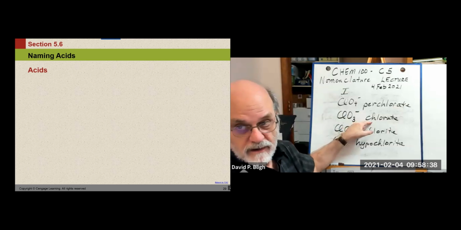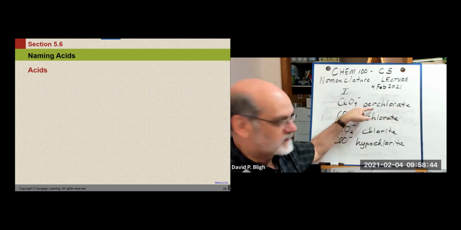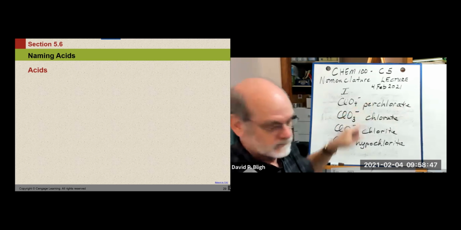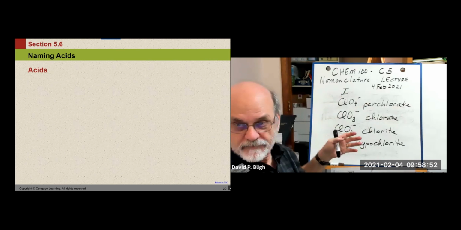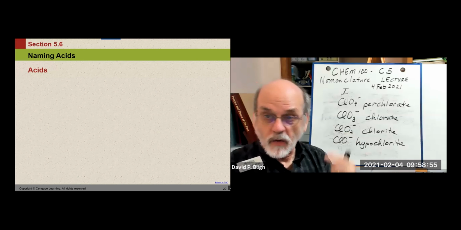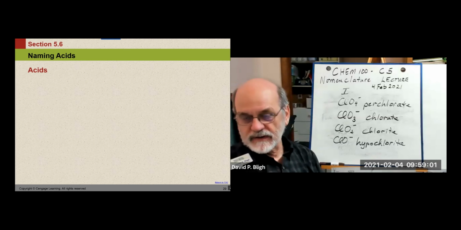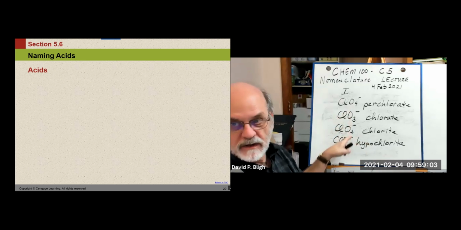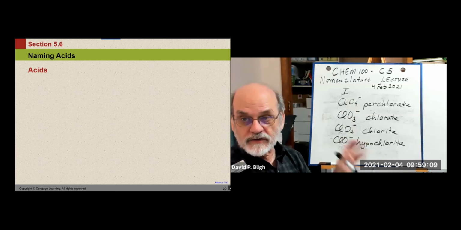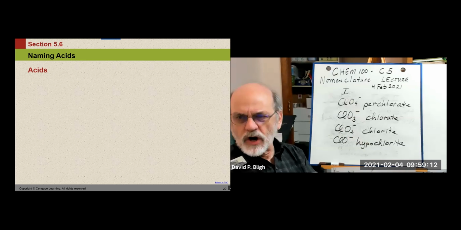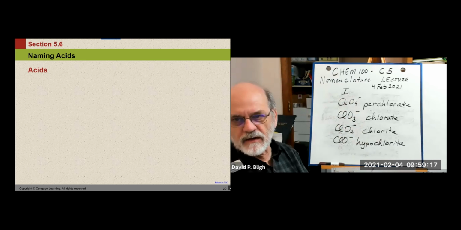So we would say iodate, iodite, hypoiodite, periodate. So if you know that sequence, you've got 12 of them already memorized. Now, fluorine doesn't fit. It's a halogen, but fluorine doesn't form these types of polyatomics. Okay? It's just those three that we're interested in. Now, there are other examples, but this is the biggest group, these four. There are others, but most of them only have two.